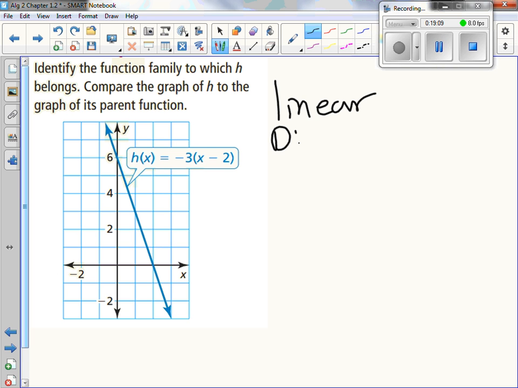The domain is all real numbers. The range is all real numbers. This is the one exception. For the rest of them, the quadratic and the absolute value ones, the range and domain are not always all real numbers. But for this one, the range and domain are going to be all real numbers no matter what we deal with. So the new one is actually going to be, the domain is all real numbers and the range.